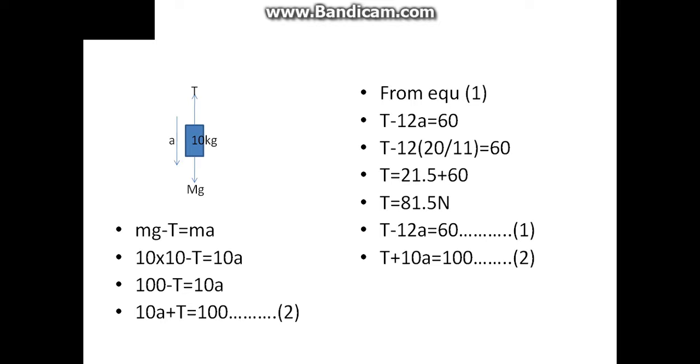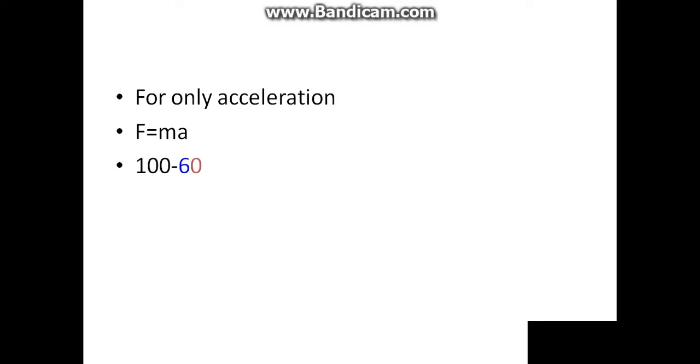Therefore, T is equal to 12.5 plus 60, and we now get our T to be 81.5 Newton. We can also get our acceleration. For acceleration, F is equal to ma. We have that 100 minus 60 is equal to 22a. Therefore, our a is equal to 40 over 22.